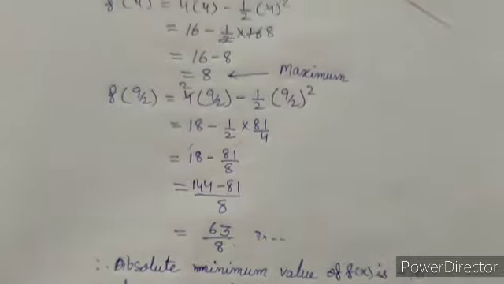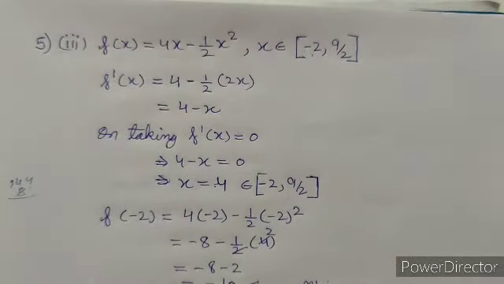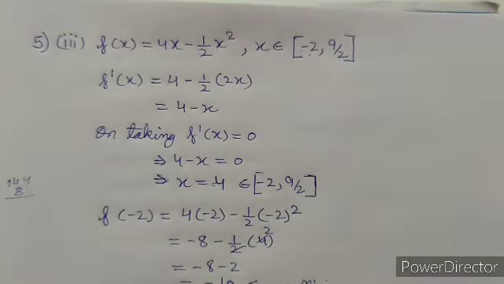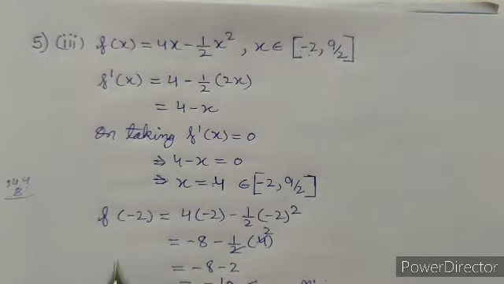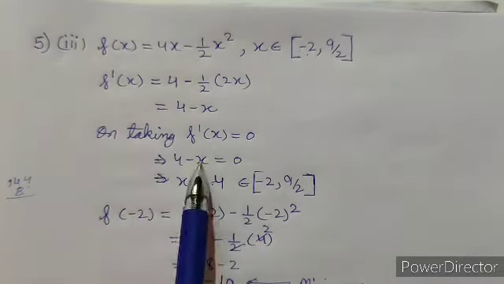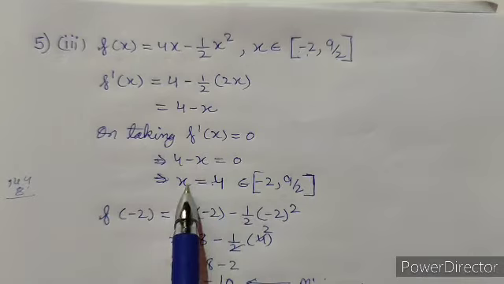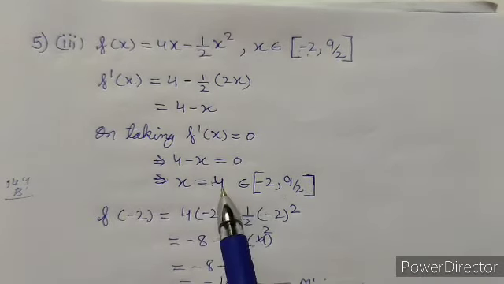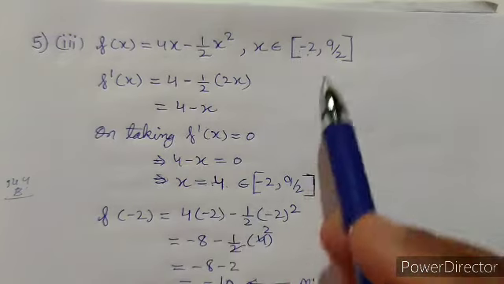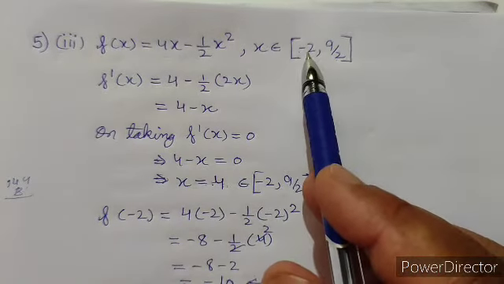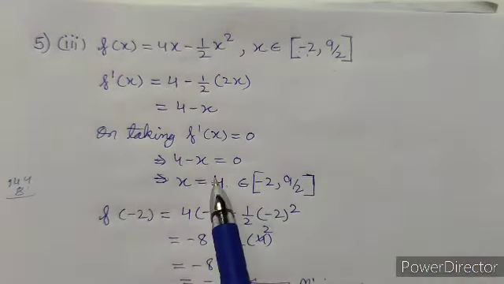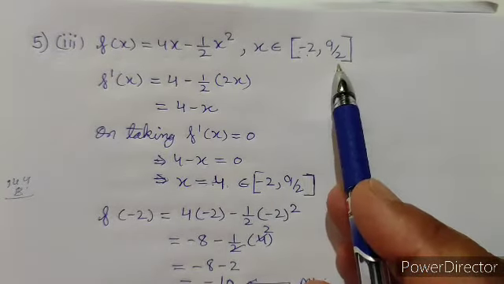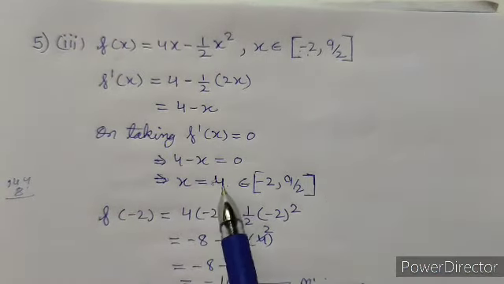Now here we have to keep in mind, when we are finding the absolute minimum or maximum value, that on taking f'(x) equal to 0 we will get some values of x. We will take only those values which lie in the interval minus 2 to 9/2. Here 4 lies in the interval, so we will take 4 also.